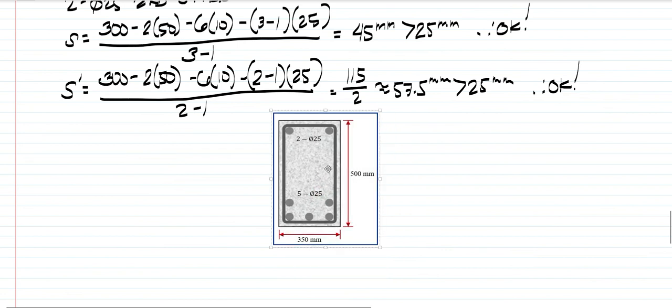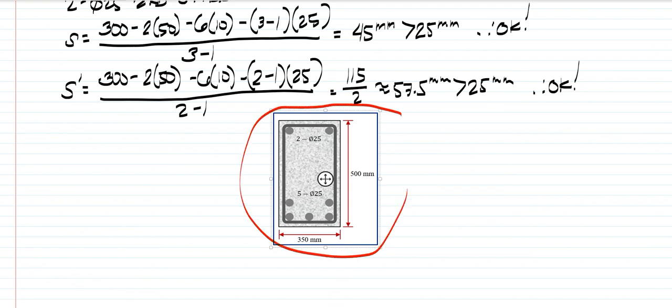Pero, hindi pa natin siya pwedeng sabihin na siya na yung design. Kasi nga kailangan natin i-double check yung capacity nitong beam na to. Kung papasok siya dun sa actual, yung actual capacity niya is papasok dun sa actual ultimate moment. So, putulin muna natin yung discussion on the sample problem and we will discuss the analysis of this design beam on our next video.